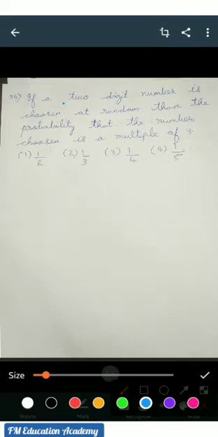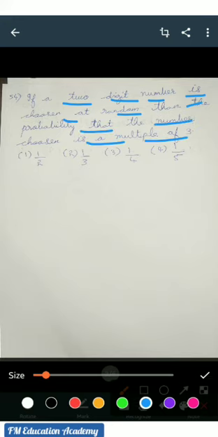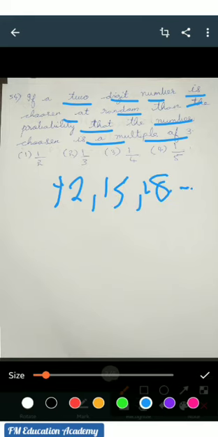Next question is, if a two-digit number is chosen at random, then the probability that the number chosen is a multiple of 3. We know that the two-digit multiples of 3 are 3 4s are 12, 3 5s are 15, 3 6s are 18, so on up to, what is the last one which we have? 99.